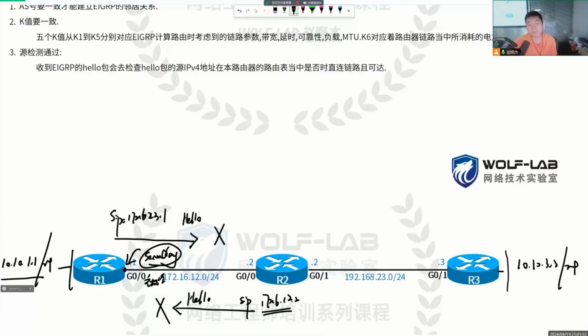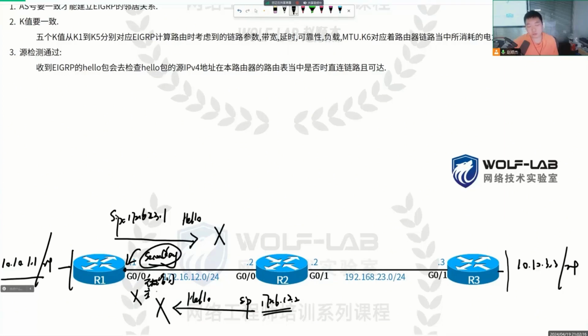It can be accessed by others, but it cannot actively send messages. As long as the router wants to actively send messages, it will definitely use its primary IPv4 address. It configures such an IP address, 23.1. Then the interface's auxiliary address can only be accessed by others.